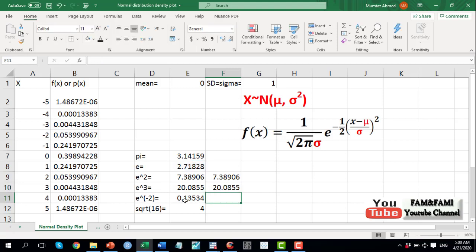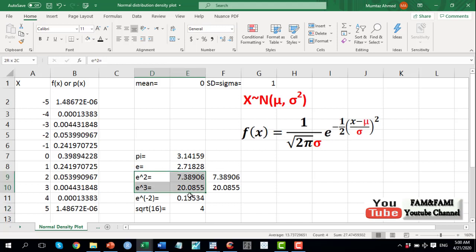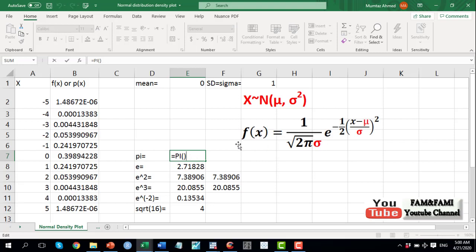And now if, let's say, we want to calculate e raised to power minus 2, the idea is the same: exp and within parenthesis minus 2. Why this minus 2? Because here this whole thing is occurring in the power of e with a negative sign. So that's why these commands were necessary to proceed further. And then pi is just pi and then the two parentheses as well, and the constant e is exp of 1.